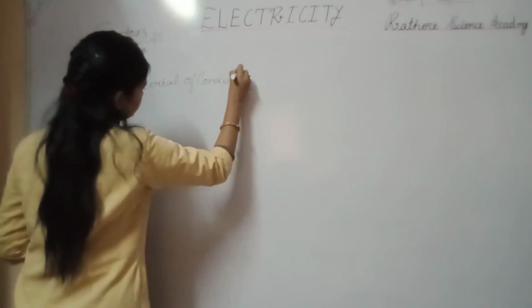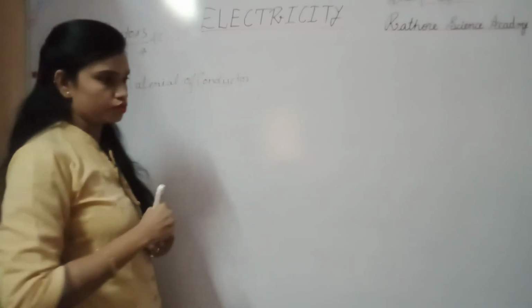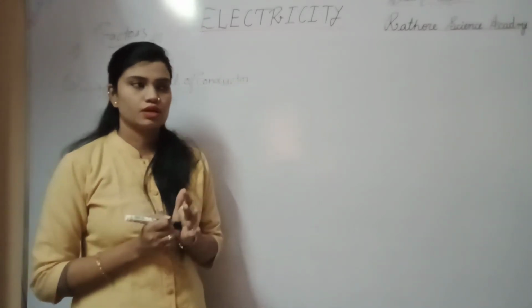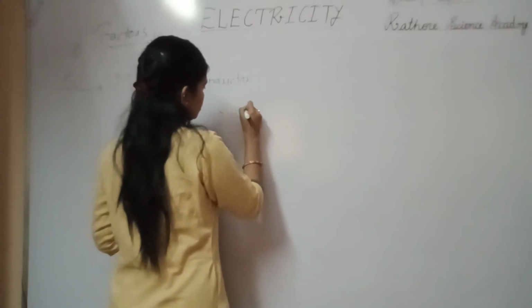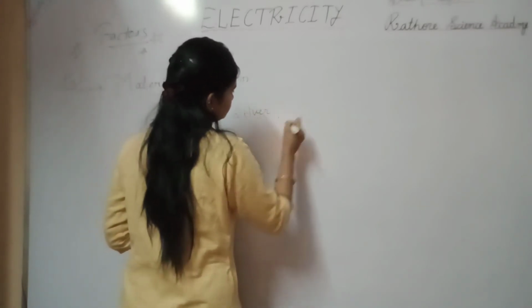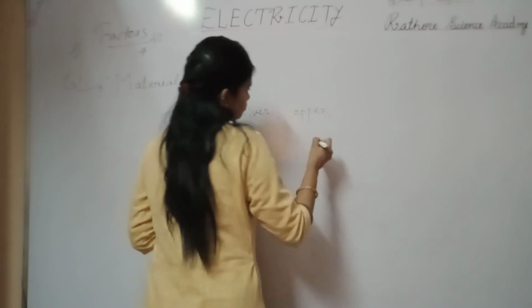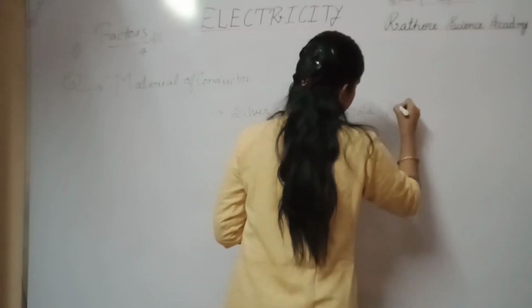That means, suppose I have four conductors, four wires, right? One is of silver, another is of copper, gold, aluminium, right?